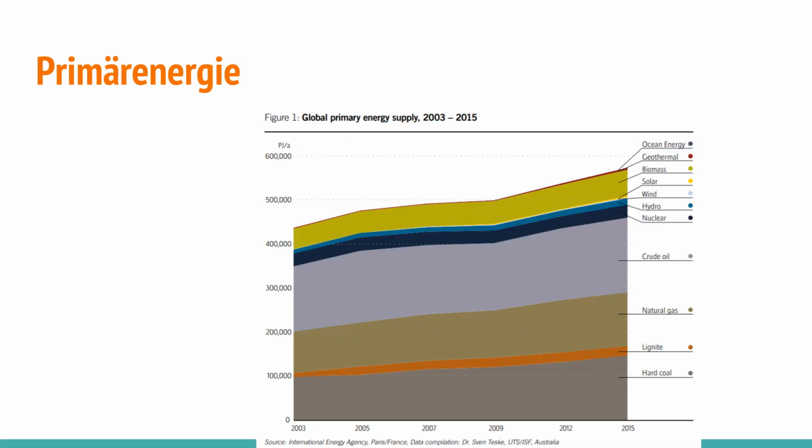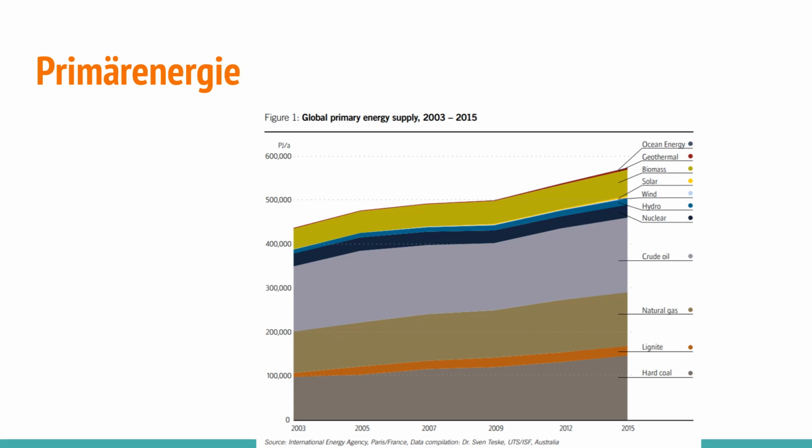Now, primary energies, which are the sources for this conversion process. We have hard coal, and this shows how the world has changed over the last 10 years. You see hard coal is growing and natural gas is growing. Other sources are more or less stable.